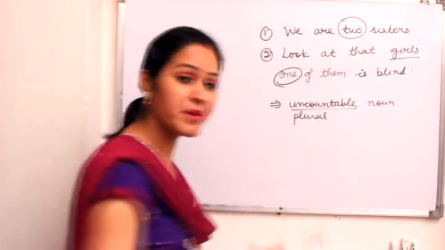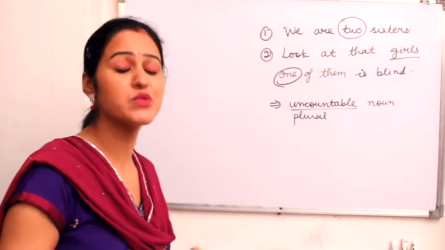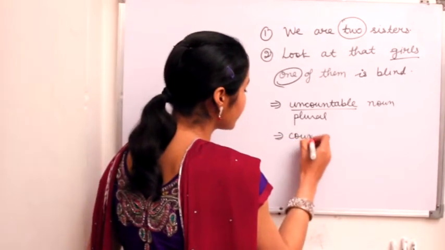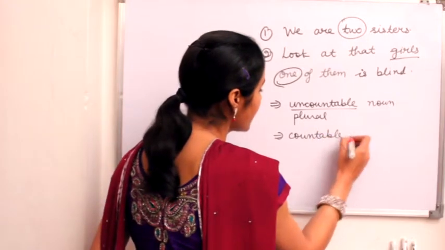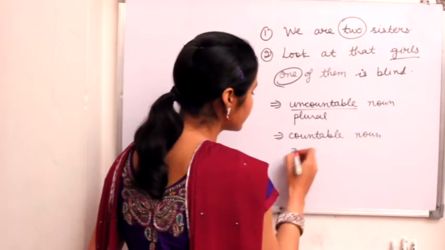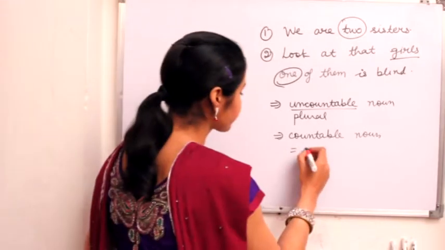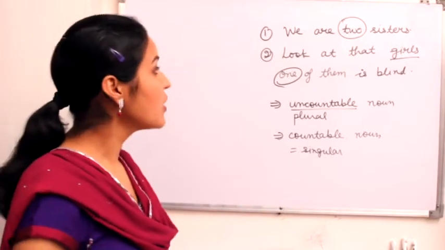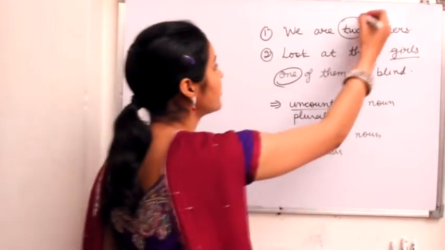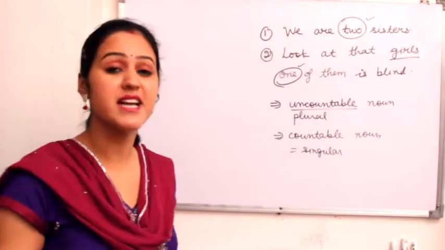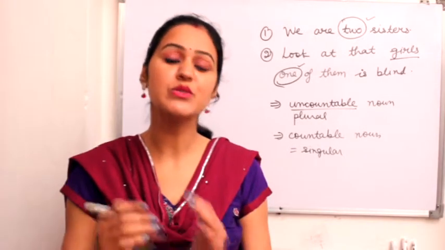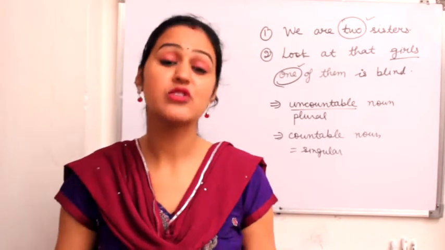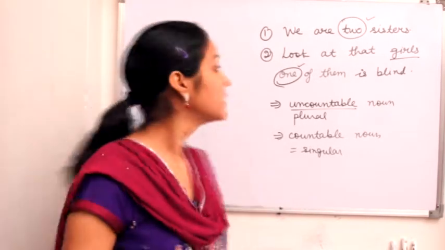And in the same case, according to the sentence, when we are talking about a countable noun, it stands for singular. So right now I'm talking to you about numerals or counting, which is about 1, 2, 3, etc. and first, second and third.